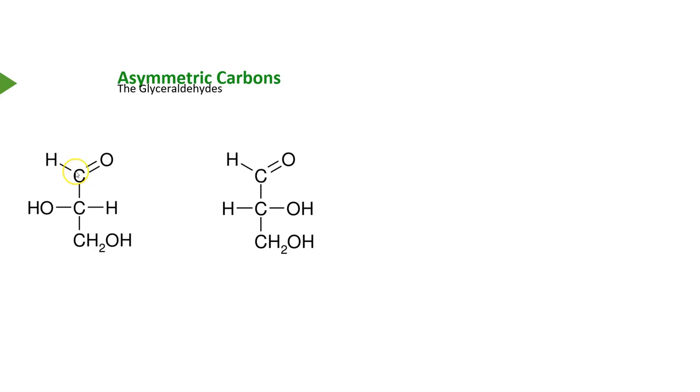Down here, this carbon is attached to 4 different and unique things: a carbonyl carbon, an alcohol, a hydrogen, and another carbon that's not an aldehyde. So it's got 4 different groups attached, which means it's a chiral center.